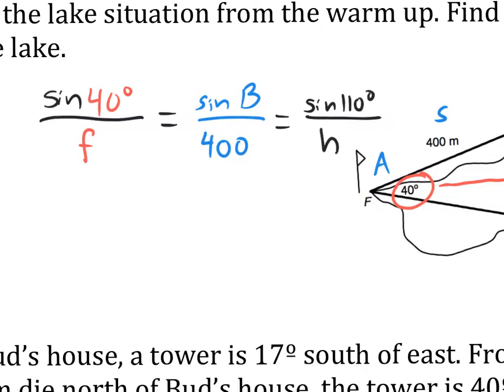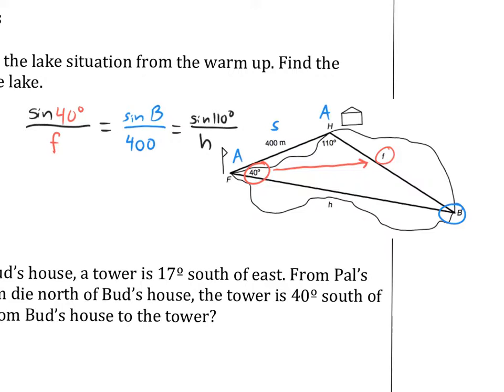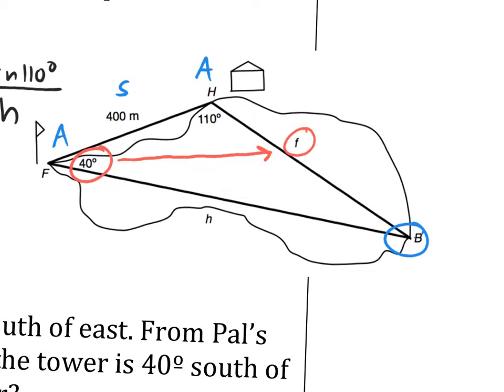Now, what's the problem here? As we see, the problem is that I have too many variables. I don't have a proportion that I can set up that'll actually give me just one variable. So, using the triangle sum theorem, or sometimes called the triangle angle sum theorem, we know that in a triangle, all three angles sum to 180.